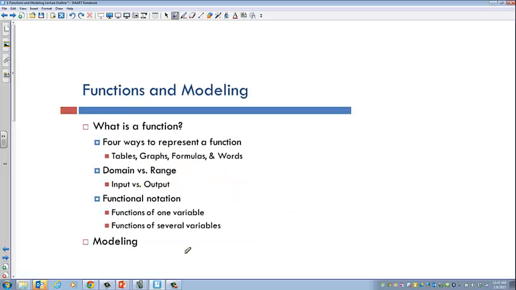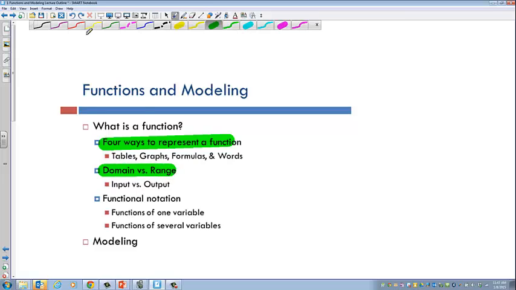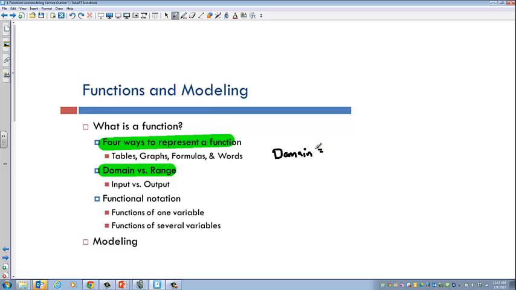So moving on here, we talked about the four different ways to represent a function in terms of tables, graphs, formulas, and words. We also want to talk about the domain versus the range of a function. And so the idea behind the domain, so if you're giving me a function, you usually have some inputs. And so the domain is just equal to the set of all inputs.